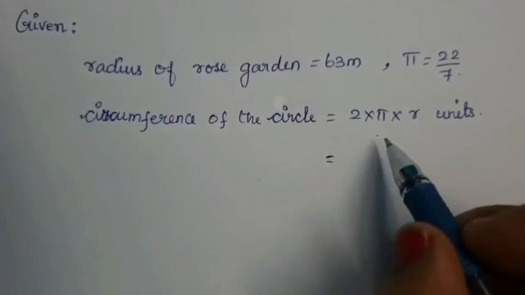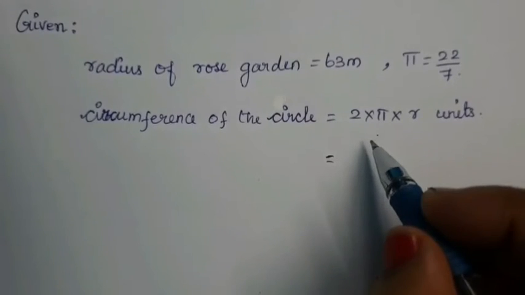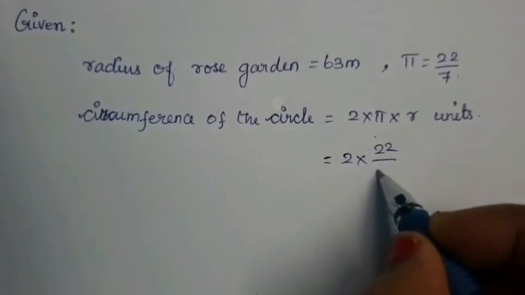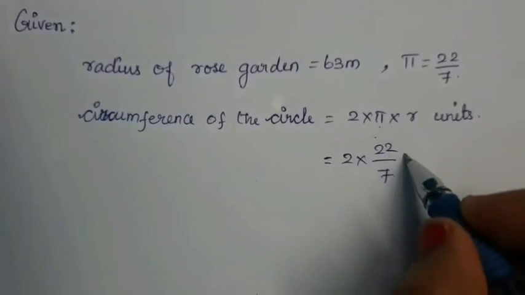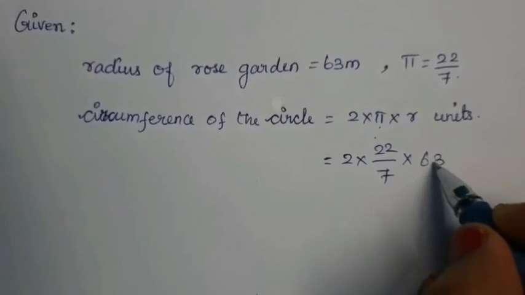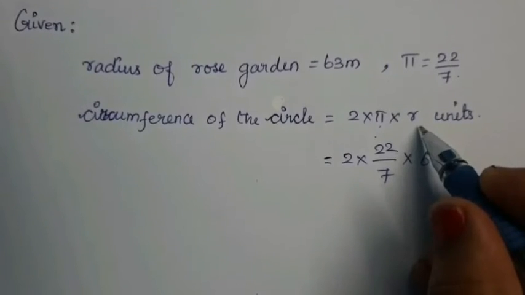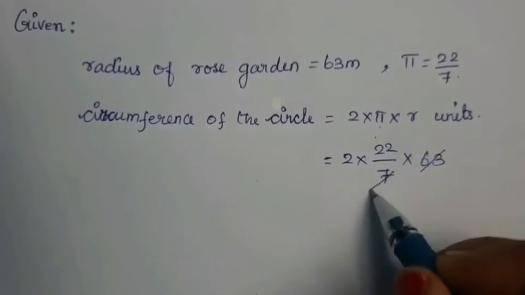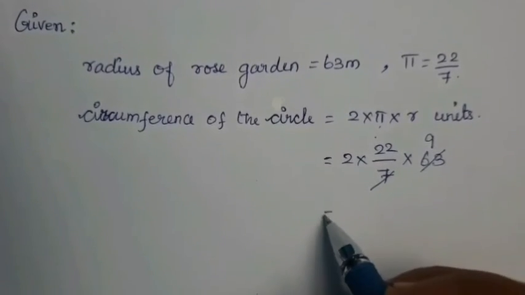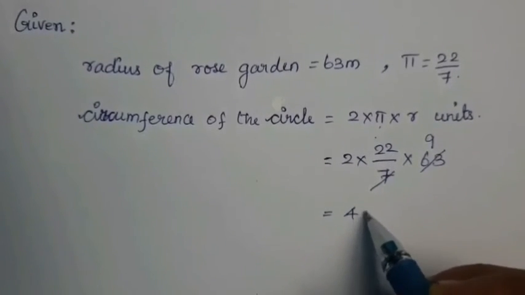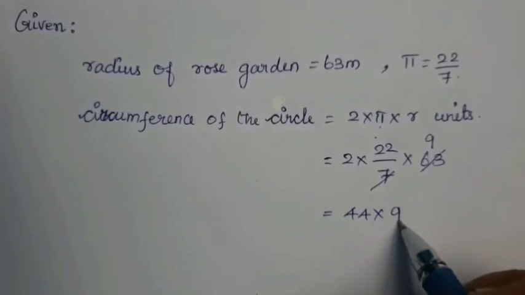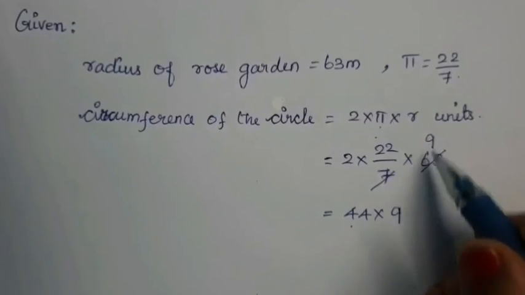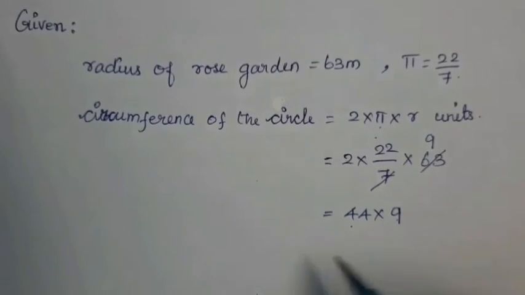By using the values of pi and r in this equation, we get 2 into 22 by 7 is the value of pi, and 63 meter is the value of radius of the circular garden. By simplifying 63 by 7, we get 9 times. Then we get 44 into 9. By multiplying 22 by 2, we get 44. With this 9, we should multiply.